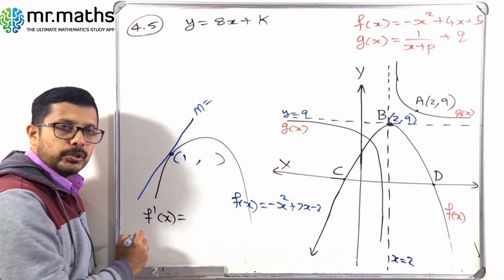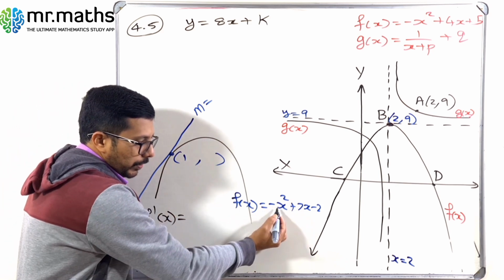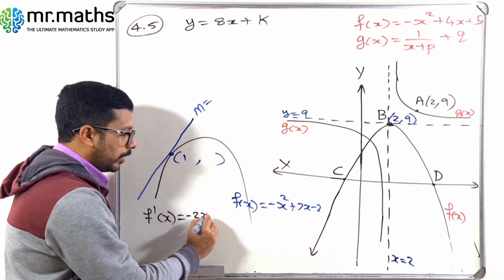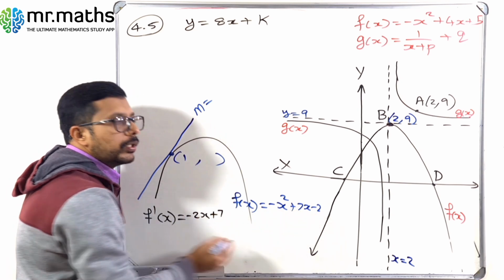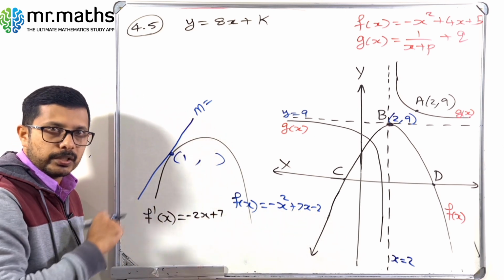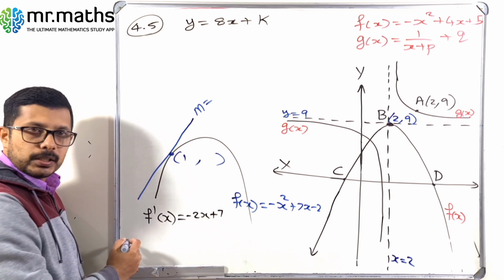You can do this only if you know calculus. So the 2 will come here, so it is minus 2x, then the derivative of 7x is 7, and the derivative of minus 2 is 0. You have to watch the calculus section video. So f dash of x is minus 2x plus 7.